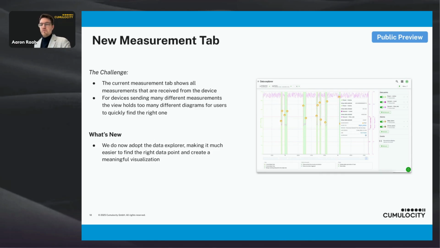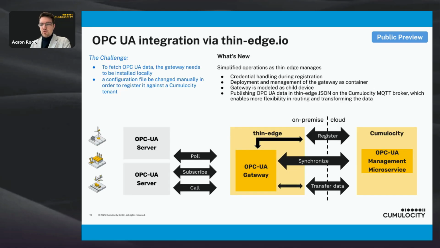We also still have the functionality that this will be pre-filled with each and every data point that is being sent by the device. So we will still get the full overview while being able to activate and deactivate whatever you want to see and to further investigate, potentially also to correlate different data points in one graph. So this will be an enhancement, making it easier for you to look into the measurements sent by a specific device. That's the first public preview.